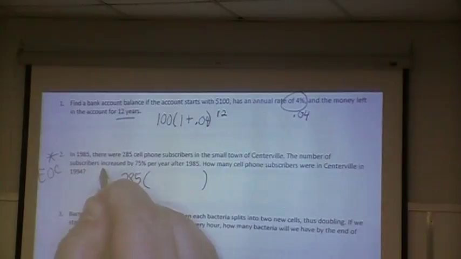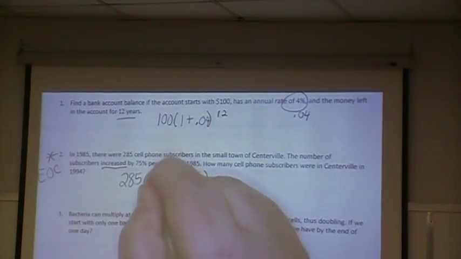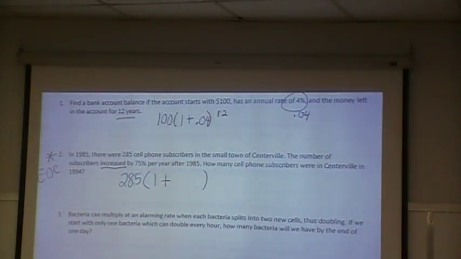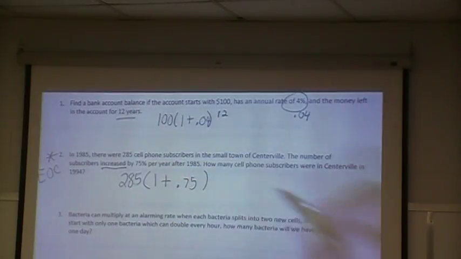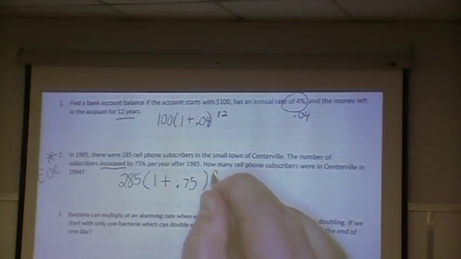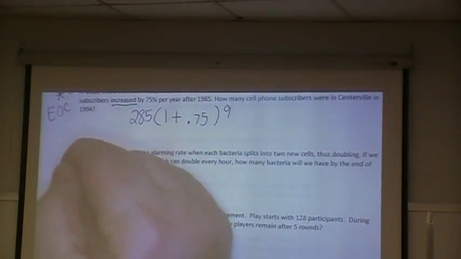Increase. 1 plus what? 1.7. All right. What's my x? Let's start by number 3.